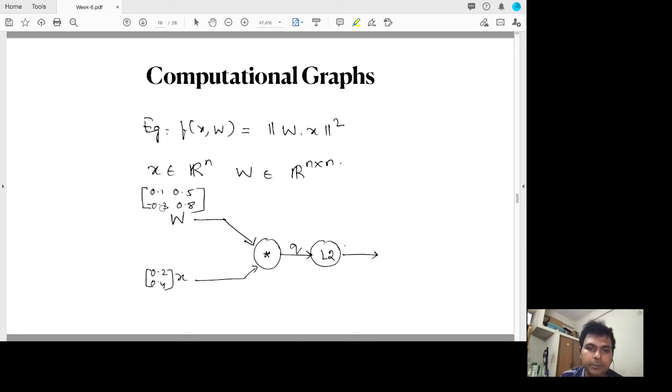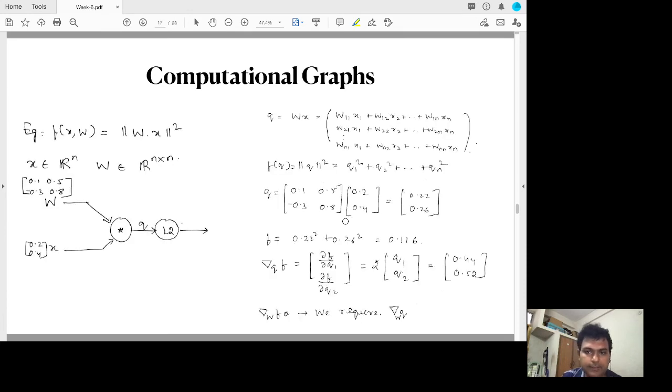A toy example would be W a 2 cross 2 matrix and x a 2 cross 1 vector. You multiply them to get q, and then you do an L2, which is nothing but taking the 2 norm and squaring. So that is the definition.